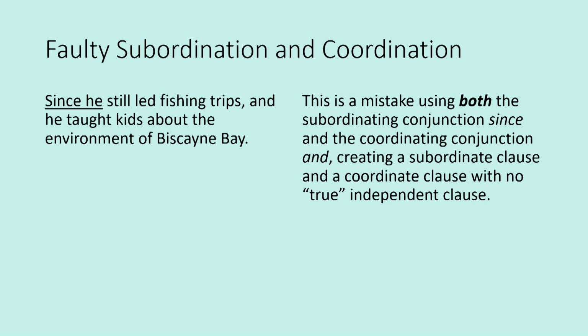Oh, this is just extra practice. I was like, did I forget what item number that was? No, I didn't. I just gave you extra practice. So this is a faulty subordination. Since he still led fishing trips and he taught kids about the environments of Biscayne Bay, this is a mistake using both the subordinating conjunction since and the coordinating conjunction and.